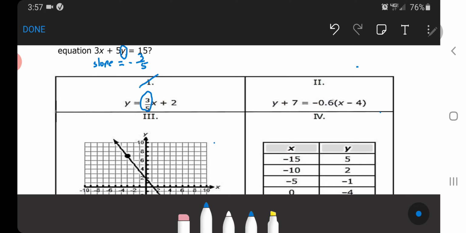Option 2 is written in point-slope form. Once again, look at the number in front of the x, which says negative 0.6. Well, we take our negative 3 over 5 and convert it to decimal form. We find that it is the same as negative 0.6. So 2 is a good option for us.